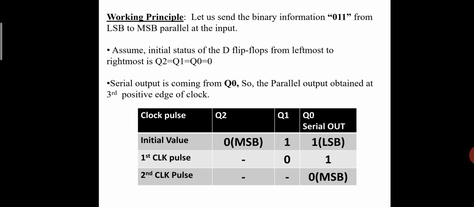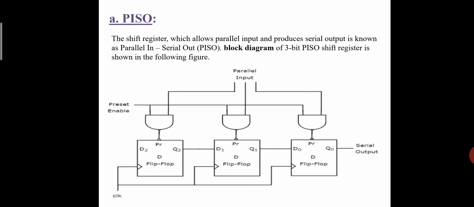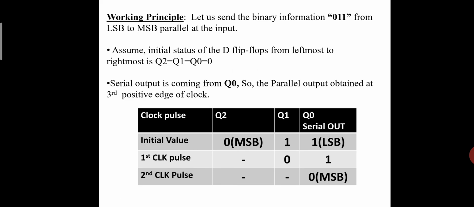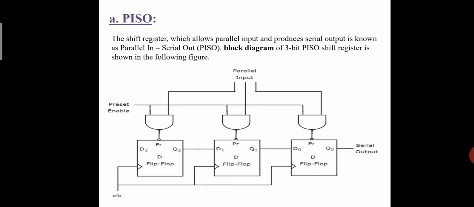So in the first clock pulse, we are feeding the input 0 1 1 through Q2, Q1 and Q0, that is MSB first, and in the initial state, at the Q0 output, this serial output, you will get logic 1 from Q0, because the D flip-flop will reflect whatever input is fed to this flip-flop.